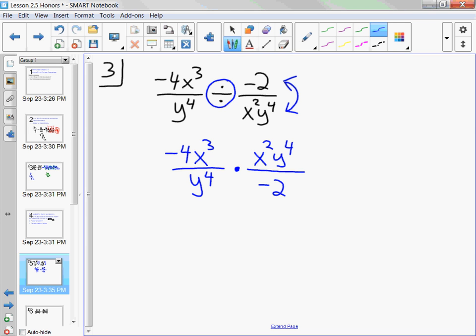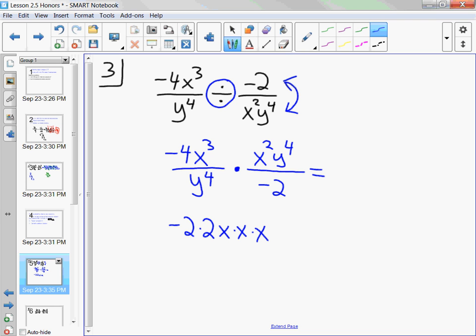And then this is the same as the last problems, problems number 1 and 2. So here we go. We're going to take the factors. Negative 4 can be written as negative 2 times positive 2, because negative 2 times positive 2 is a negative 4. X cubed can be written as x times x times x.